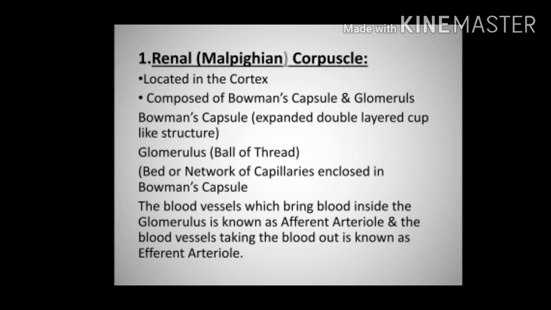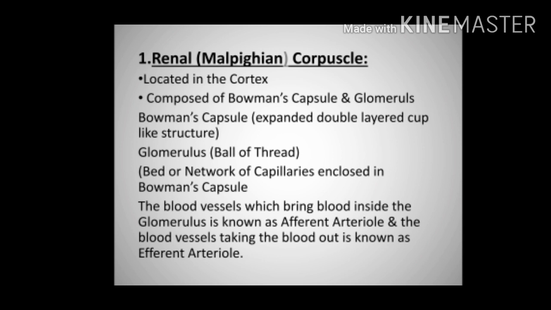Glomerulus is bed or network of capillaries enclosed in Bowman's capsule. Now you might have understood why the name is glomerulus, as the network of capillaries in the Bowman's capsule appear as ball of threads. The blood vessel which brings blood inside the glomerulus is known as afferent arteriole, and the blood vessel which takes the blood out from the glomerulus is known as efferent arteriole.